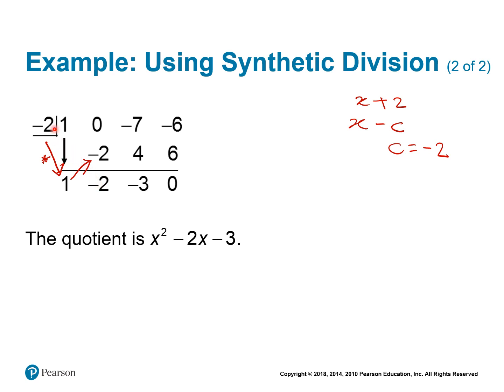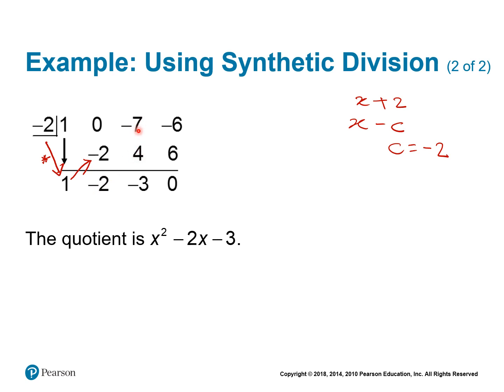Repeat the process, -2, which is the c value. -2 times -2 is +4. So we are multiplying these two and writing the result below the third term, below the next term. All right, so -2 times -2 is +4. We write it below -7.